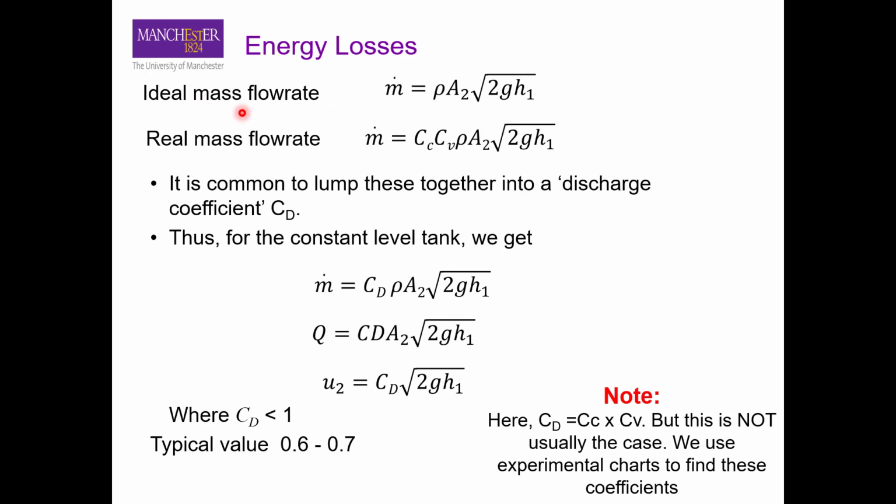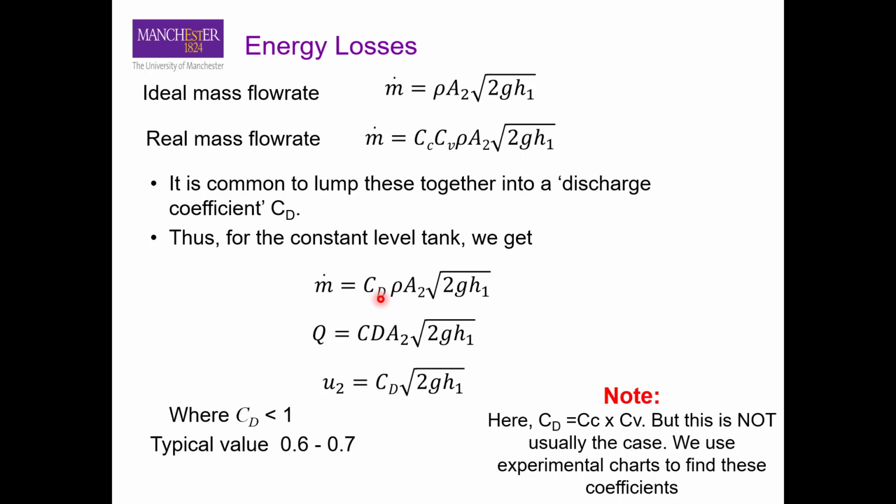Now we had this ideal flow rate that we got for case 1, where we are not considering any viscosity or contraction effect. And then you have the real mass flow rate, where you multiply this ideal mass flow rate with these two coefficients. Okay. And very often these two coefficients are lumped together in the form of another coefficient, that is CD.